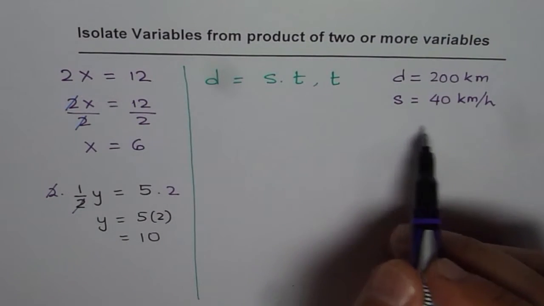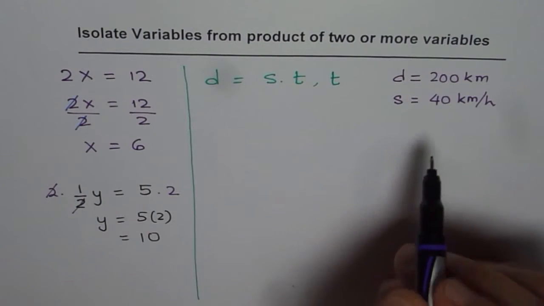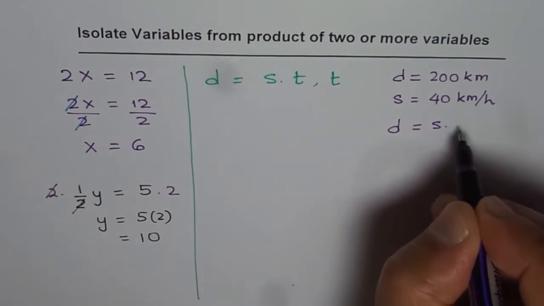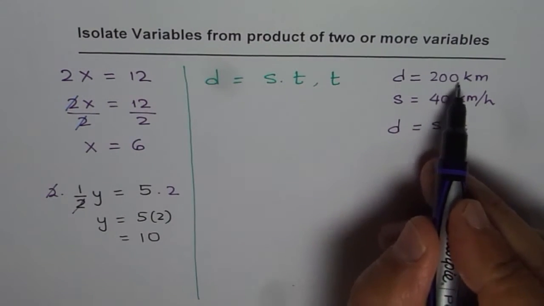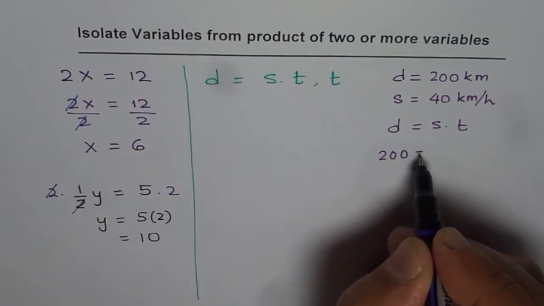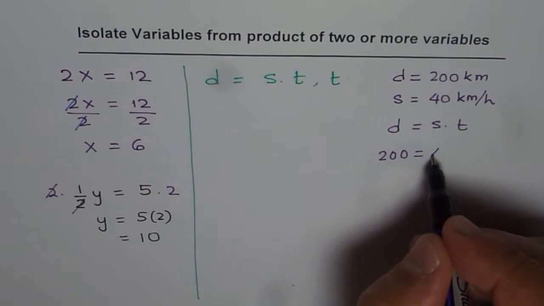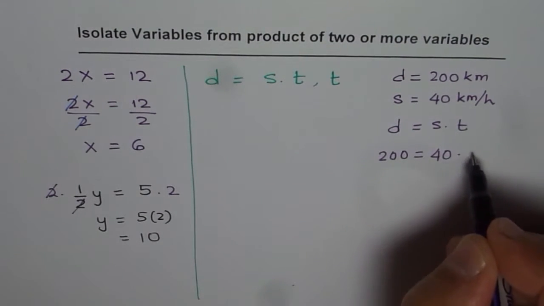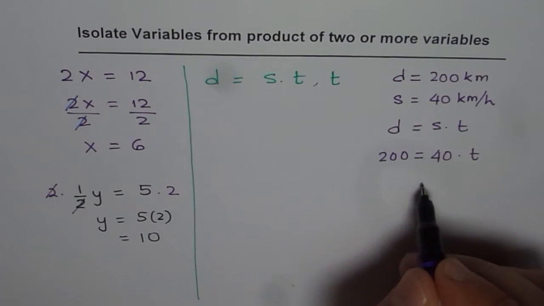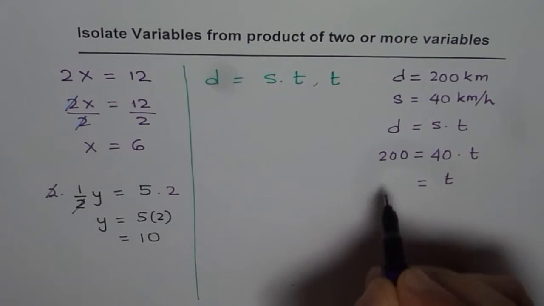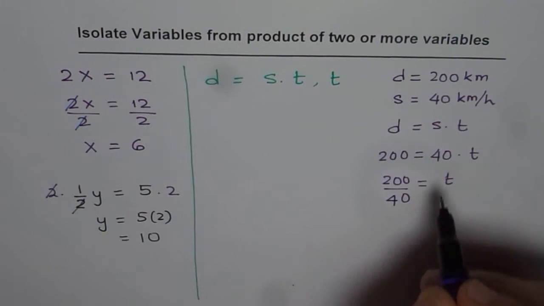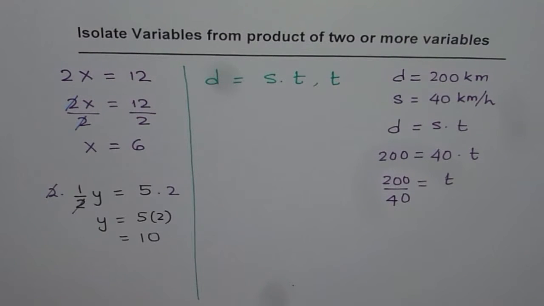So if I have to solve this question, basically we'll start with distance equals speed into time, and we know distance is 200. We'll substitute distance with 200, so we get 200 equals speed, which is 40, times time t. To find time, we are going to divide by 40, correct? So we get time equals 200 divided by 40, which is indeed the speed, right?